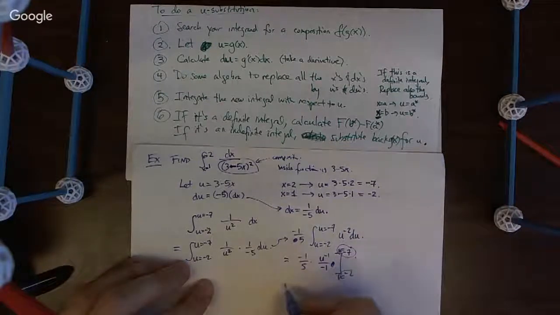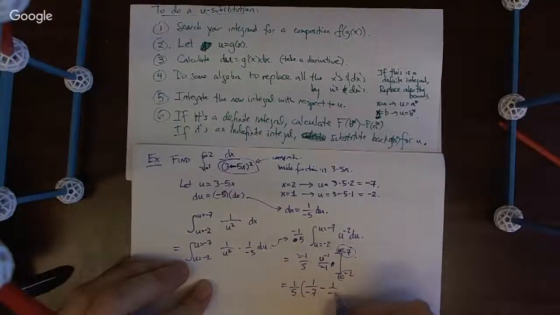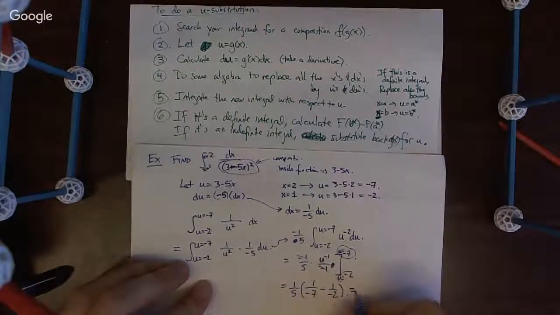But now let's go ahead and plug it in for the u. First, the negatives cancel, and we're left with 1/5 times 1 over negative 7 minus 1 over negative 2. If you simplify that, what do we get? We get 1/14.